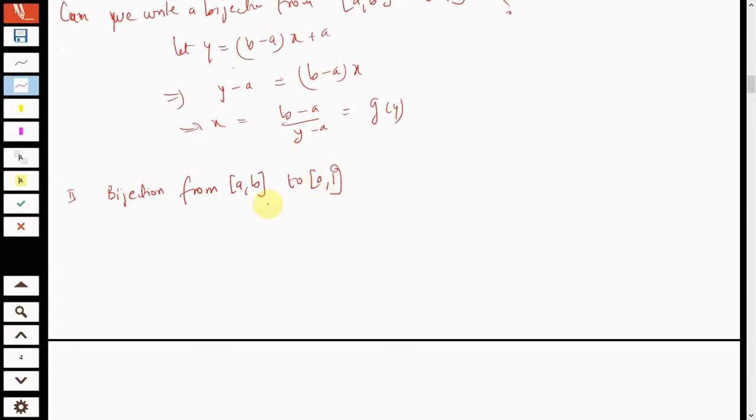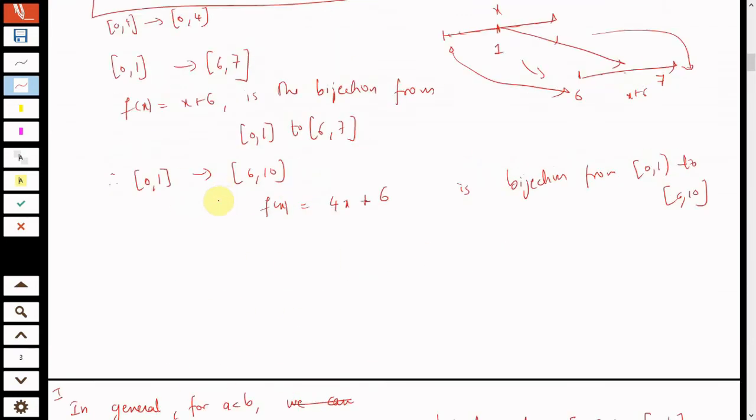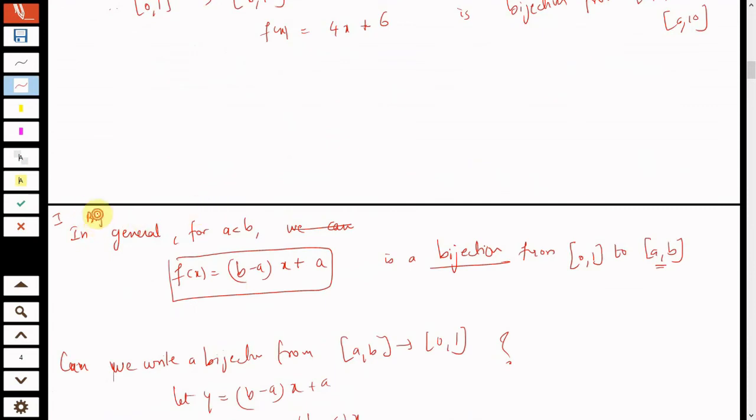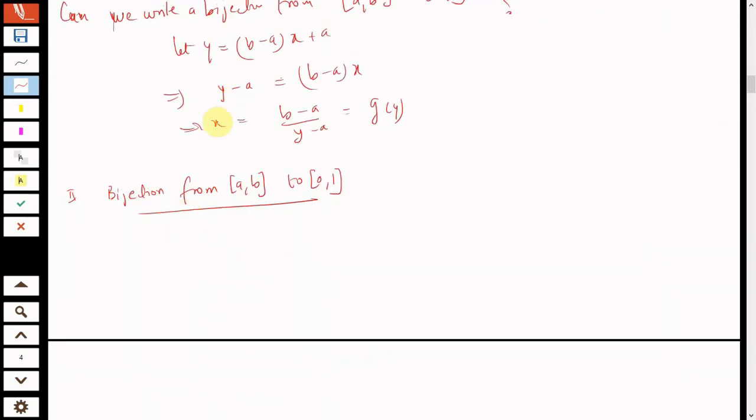So this was the bijection from 0 comma 1 to a comma b, right? So for this, as we have mentioned, we have a map g of x defined by x minus a by b minus a, just replace y by x, is a bijection from a comma b to 0 comma 1.